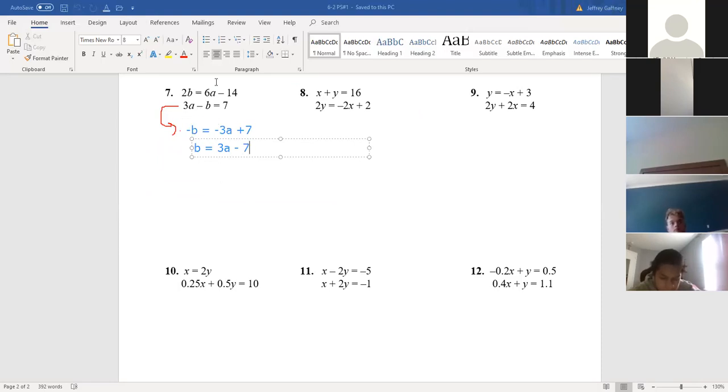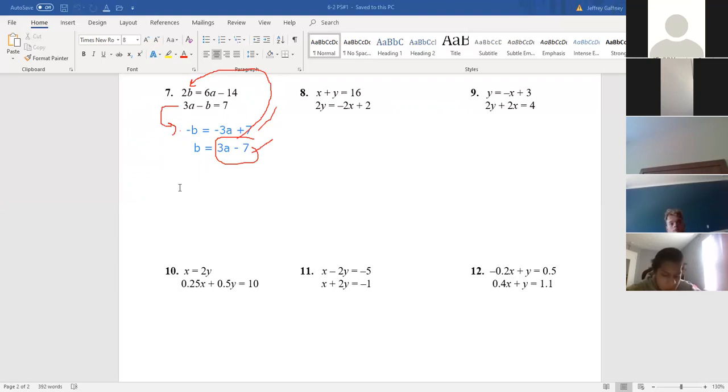In this first equation, all I did is I moved the 3a to the right side, right? And the next one I multiplied times a negative 1. Now I got b equals 3a plus 7, or 3a minus 7, I'm sorry. I can take this 3a minus 7 and substitute it for this guy right here, right?